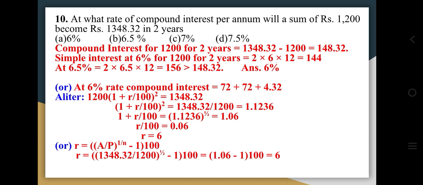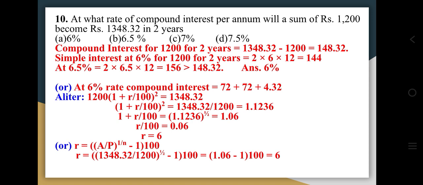So the compound interest for 1200 for 2 years is 1348.32 minus 1200. That is 148.32. So 148.32 is the compound interest for 1200 for 2 years.